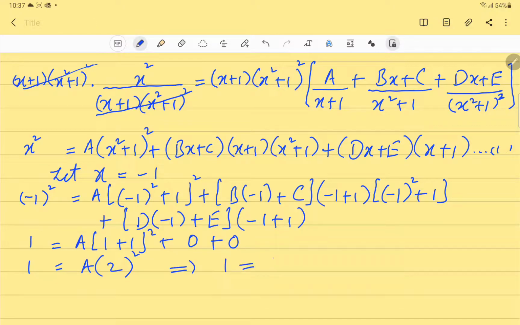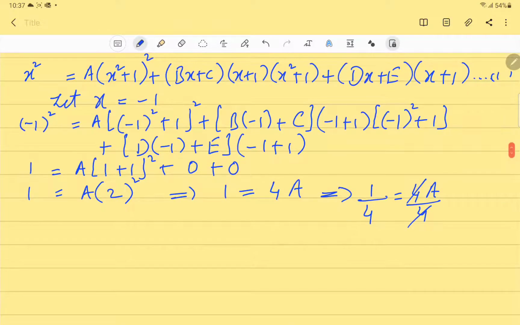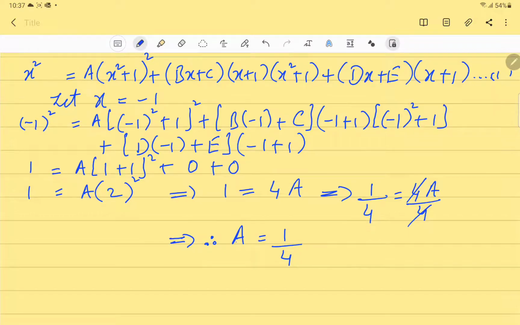So 1 is equal to 4a, which means, and we divide both sides by 4. Therefore a is equal to 1 over 4.